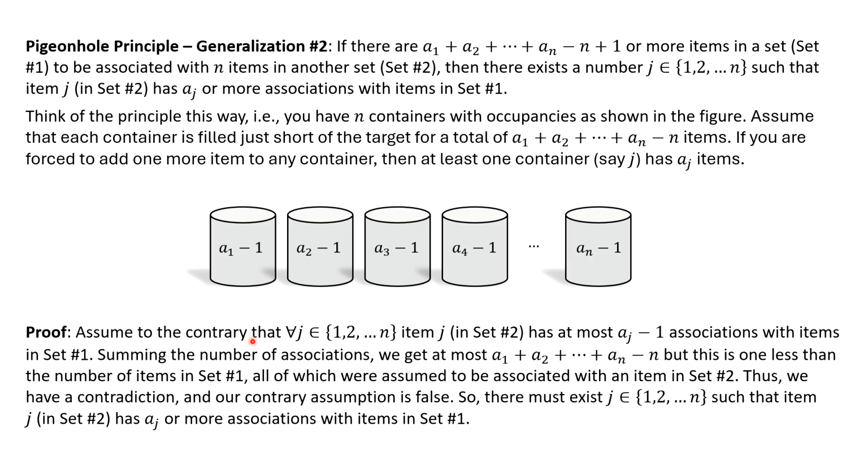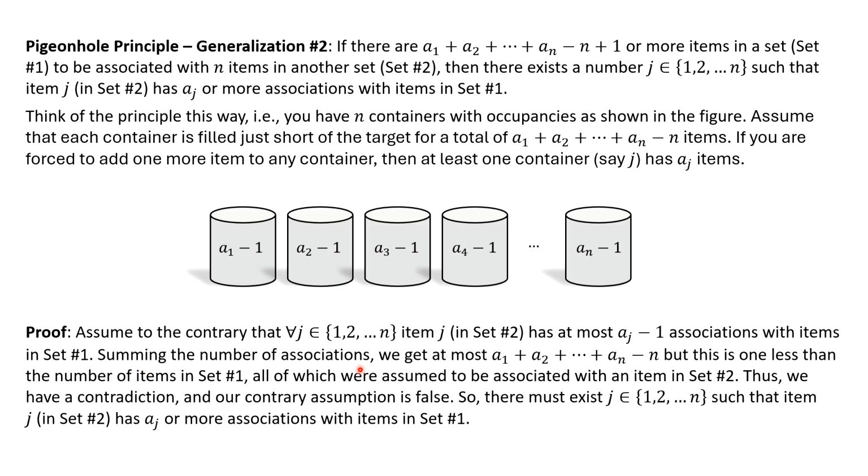Assume to the contrary that for every j from 1 to n, item j in set 2 has at most a sub j minus 1 associations with items in set number 1.